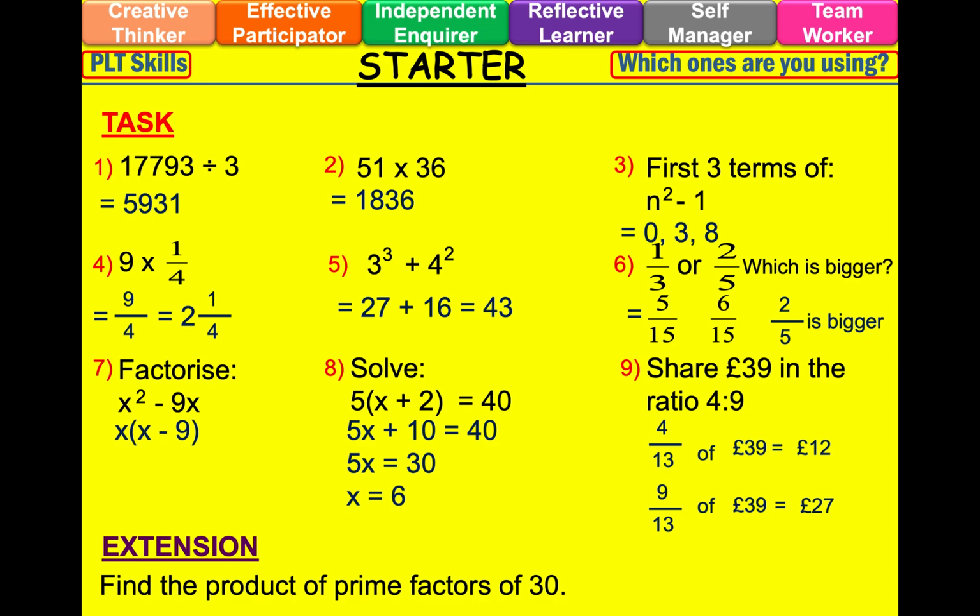Sharing is this way. So see if you can work out, add both parts, and 39 divided by 13, and see if you can work out the value of each part. Even if you get some of these wrong, don't worry about it because they're just basic starters, but it's good to have a go at these questions.